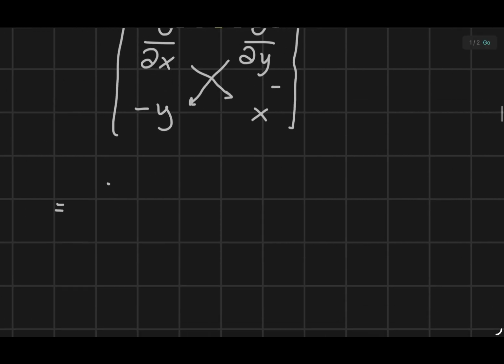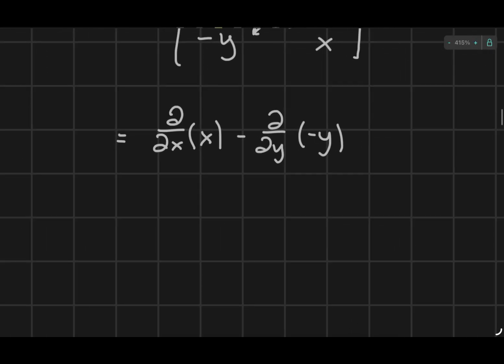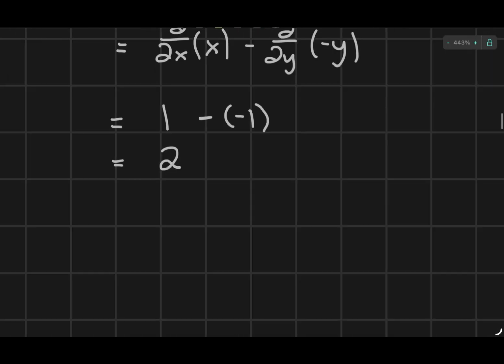So we're going to have d dx of x minus d dy of negative y. The partial of x with respect to x is going to equal 1, and the partial of negative y with respect to y is going to equal negative 1. Therefore, the curl here is going to equal 2. Since it's not equal to 0, this is not conservative.